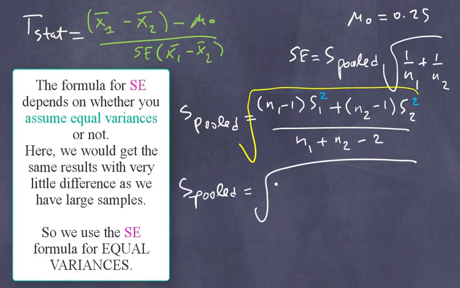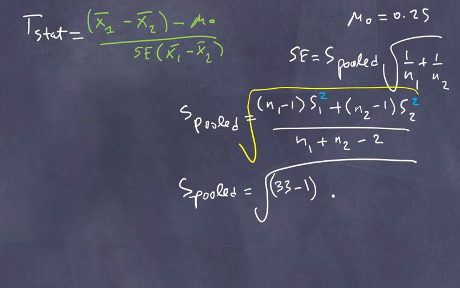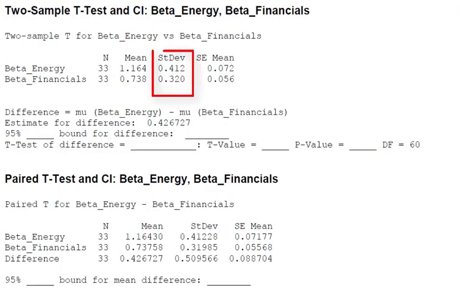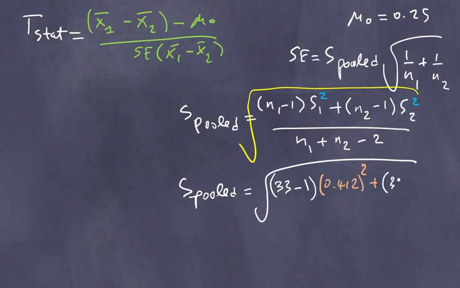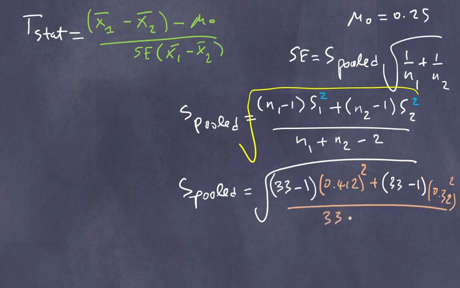Square root of 33 minus 1, times the sample variance for energy, which is 0.412, plus 33 minus 1 times the sample variance for financial, over 33 plus 33 minus 2, and this is 0.369.